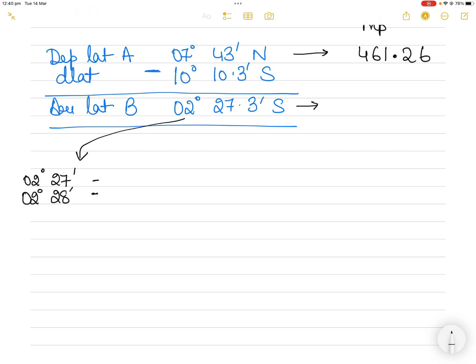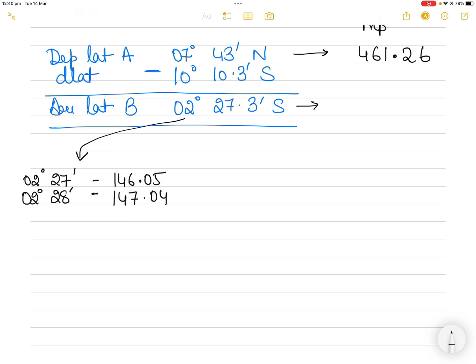Let's do an interpolation first, and then I will see which is the correct value. So 2 degrees 27 minutes was 146.05, and 2 degrees 28 minutes was 147.04, right? But I need it for 27.3 minutes, correct?